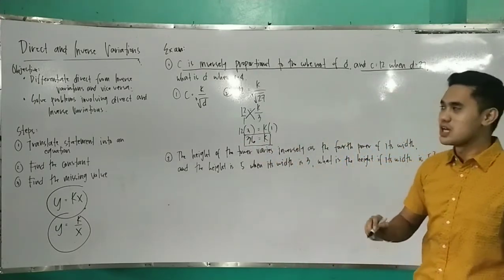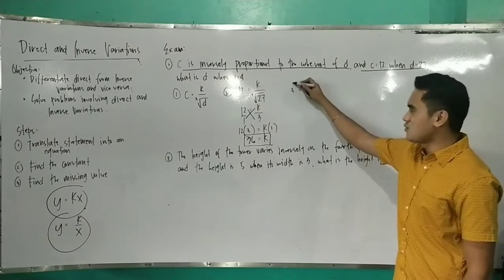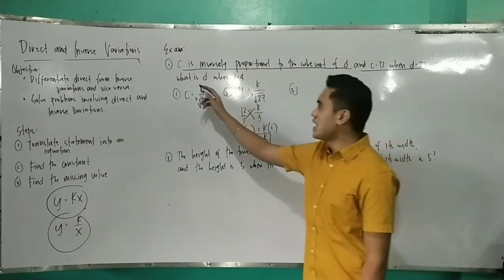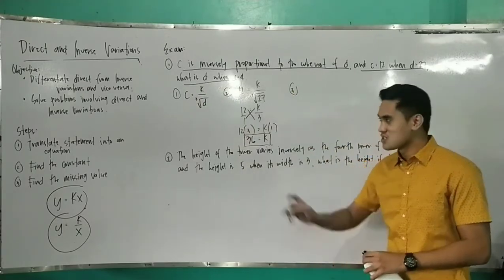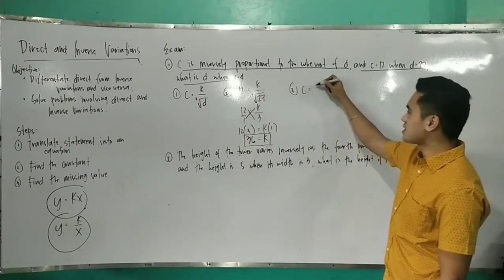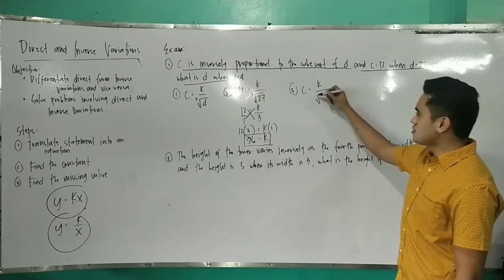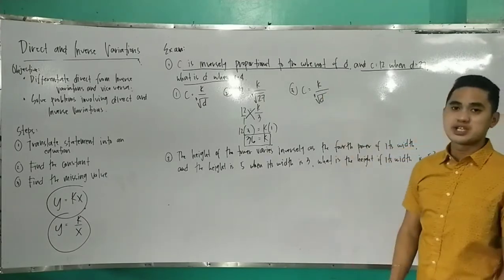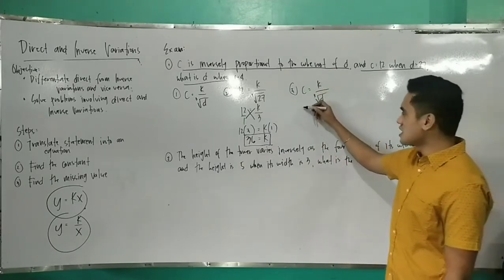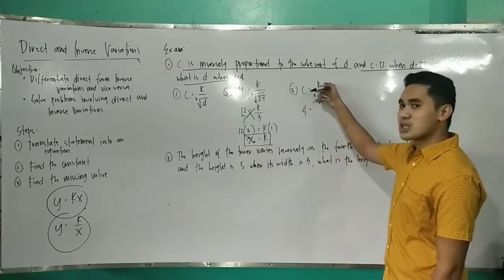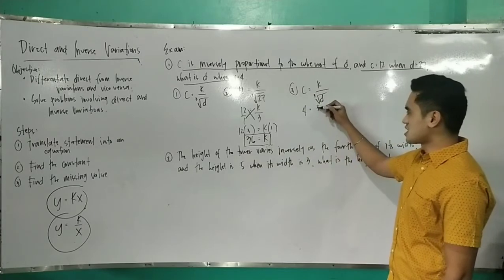Ayan. So ngayon, yung last step natin, find the missing value. Ang hinahanap, what is D when C is equal to 4? So same tayo, gagamitin pa rin natin yung ating equation. So ang hinahanap dyan ay D. So meron tayong C na 4 at meron tayong K na 36.